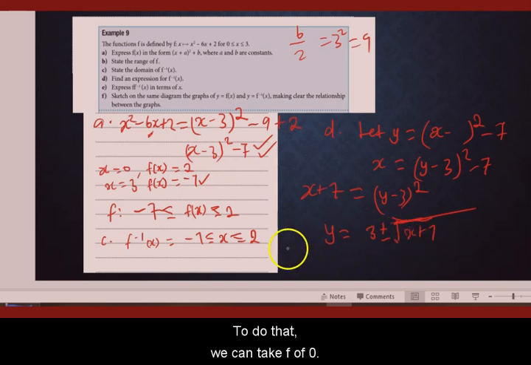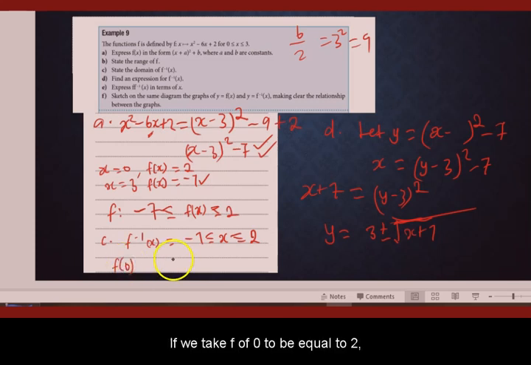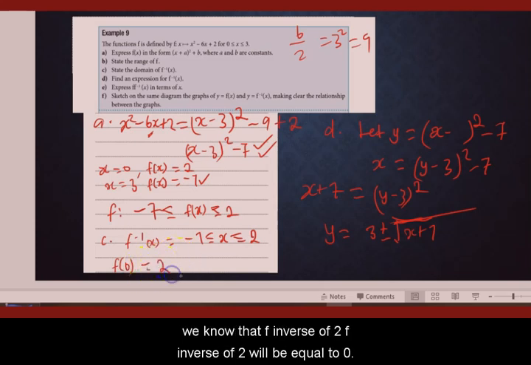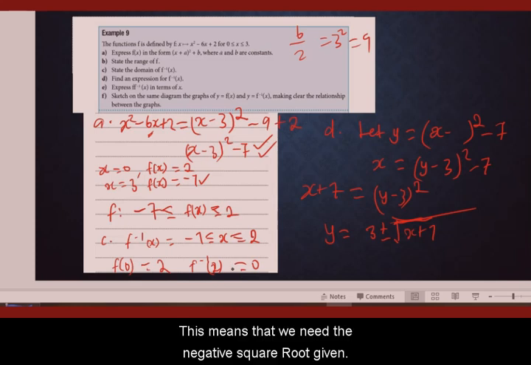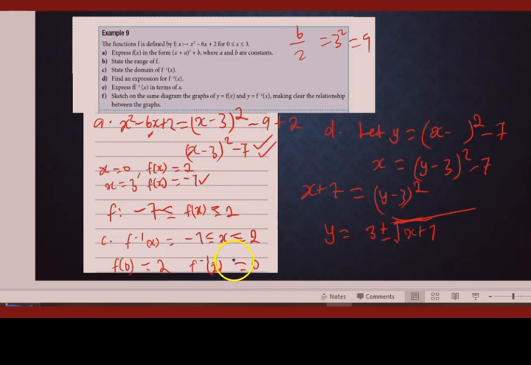For that, we can take f of 0 equal to 2, so we know that f inverse of 2 will be equal to 0. This means that we need the negative square root.